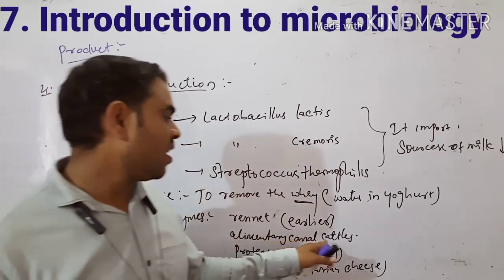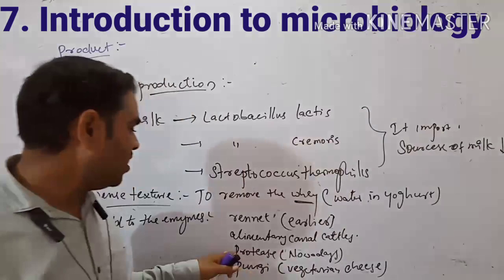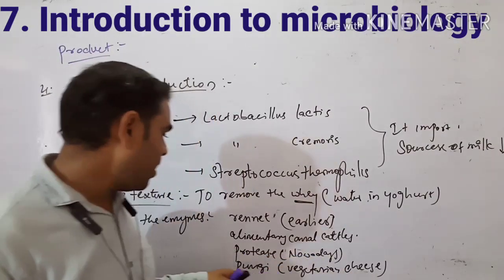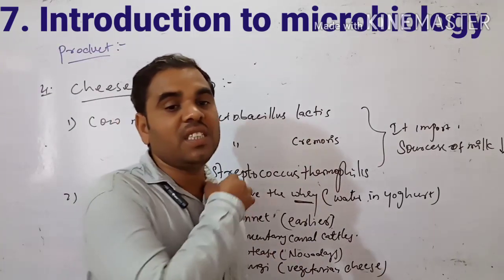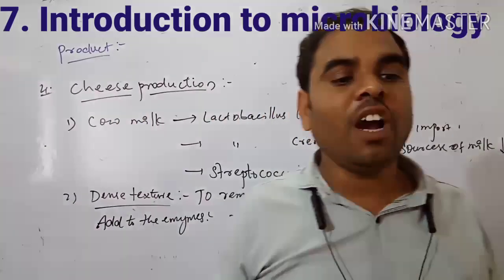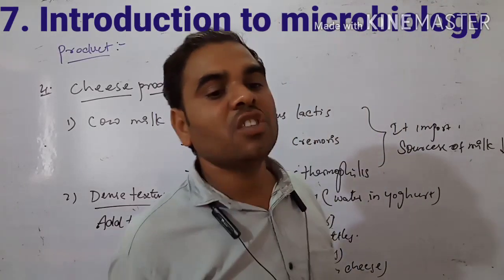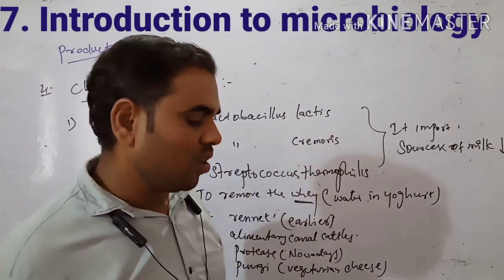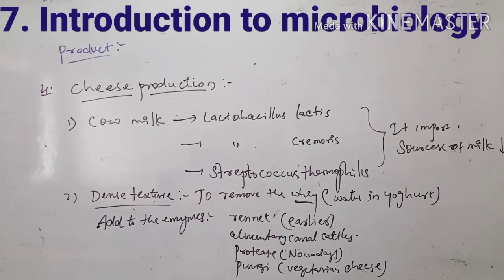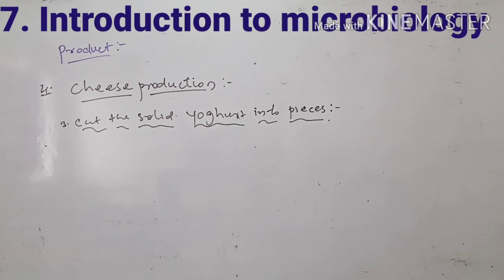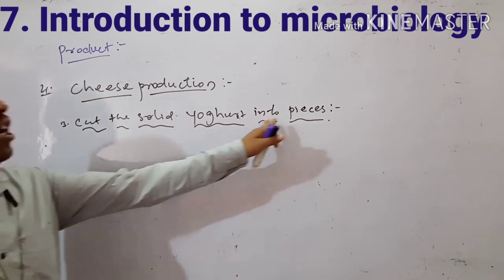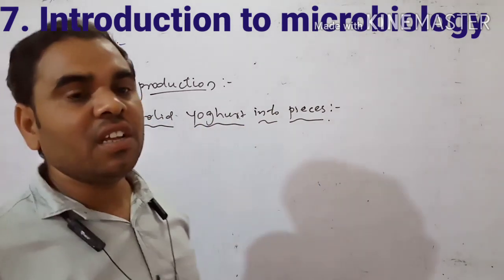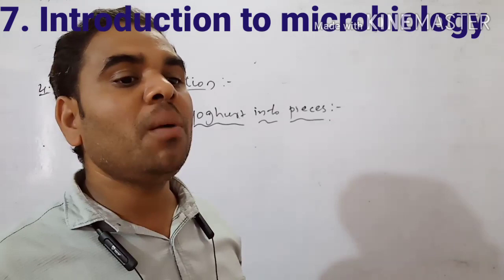Next, the alimentary canal from cattle, and nowadays protease. Next, fungi give vegetarian cheese. Next, we cut the solid curd into small pieces.